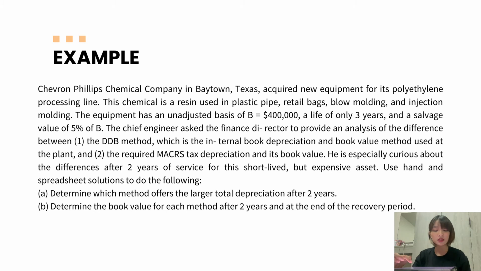He is especially curious about the difference after 2 years of service for this short-life but expensive asset. Use hand and spreadsheet solution to do the following. A. Determine which method offers the larger total depreciation after 2 years. B. Determine the book value for each method after 2 years and at the end of the recovery period.